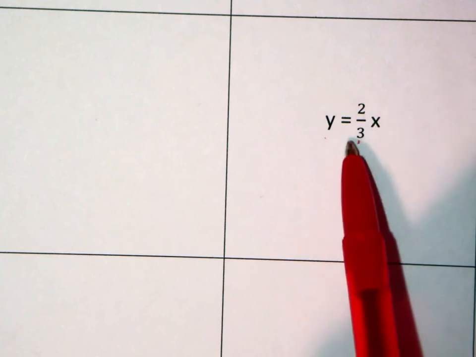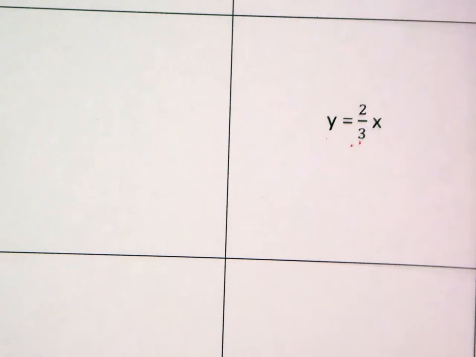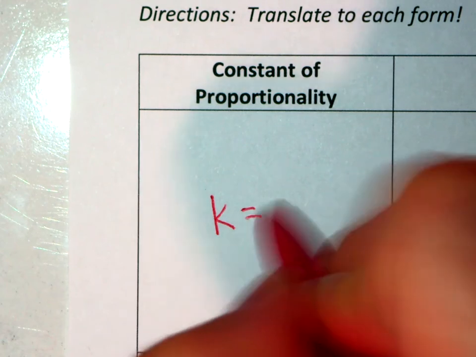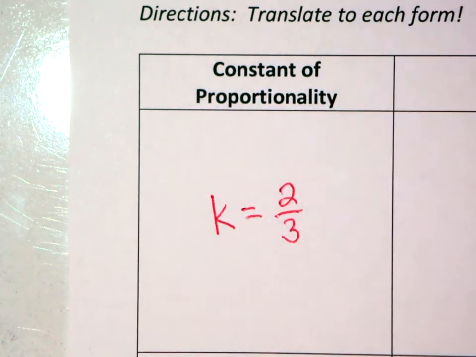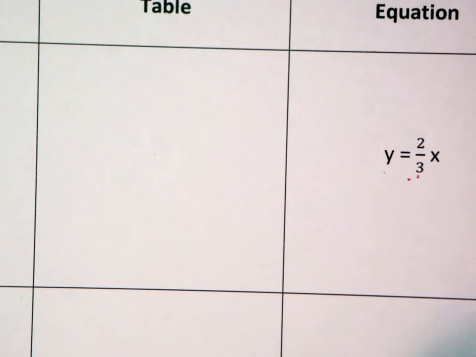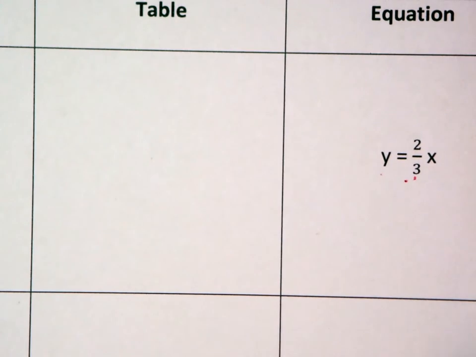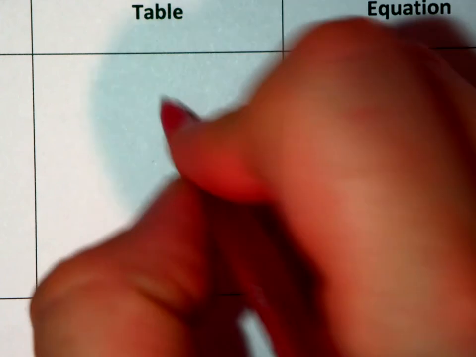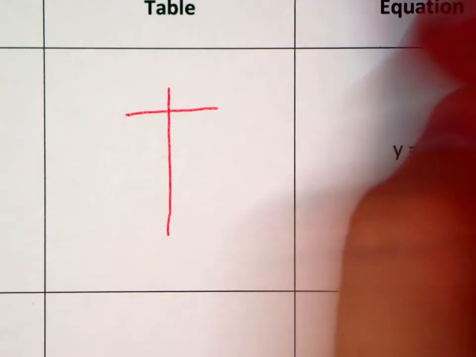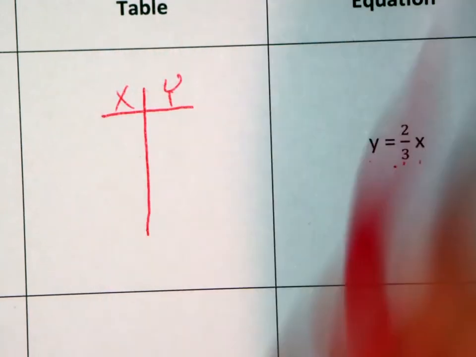So in this problem, 2/3 is in the place of k, so k equals 2/3. Next, I need to create a table, and for me, the simplest way to create a table is to use my equation. So I'm going to create my little T-chart table with my X's and my Y's.